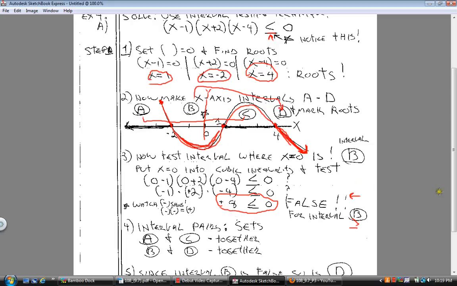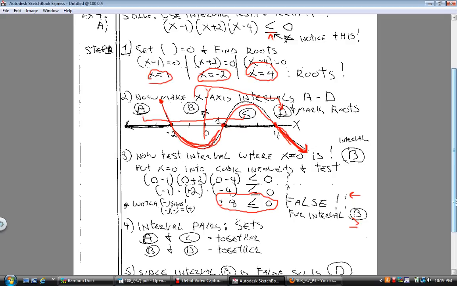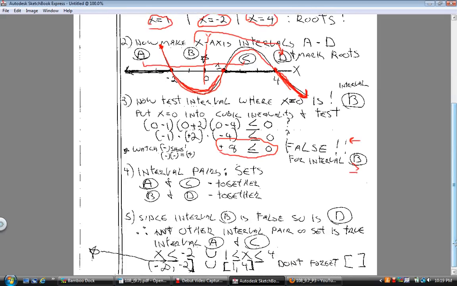So what we can conclude from the pairings is, and you can always follow this with these third degree polynomials with the 3 parentheses, that intervals A and C are going to be above the x-axis, as you'll notice on your hand notes, and B and D are below the x-axis.